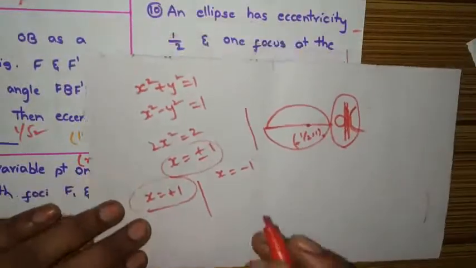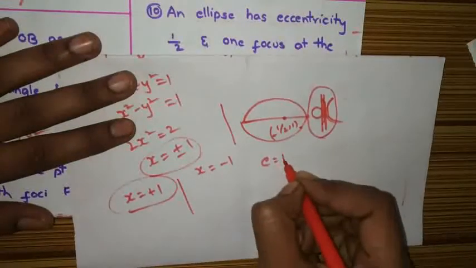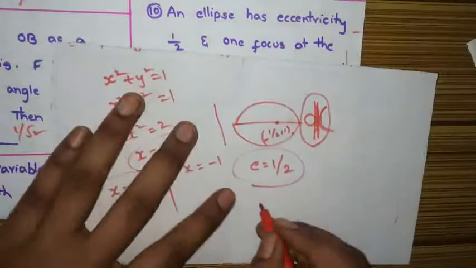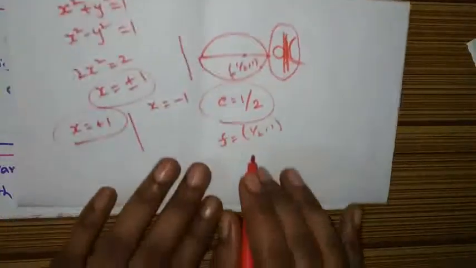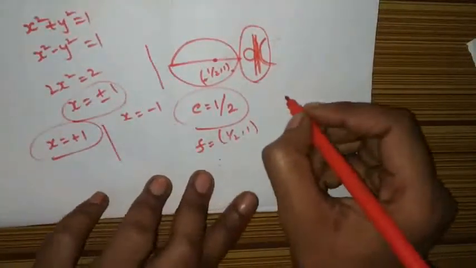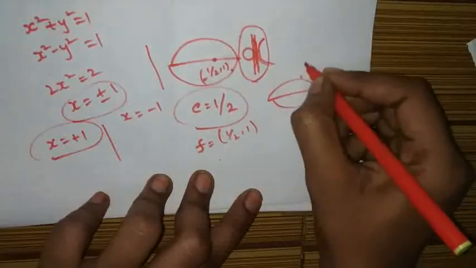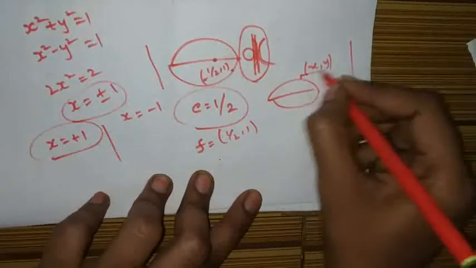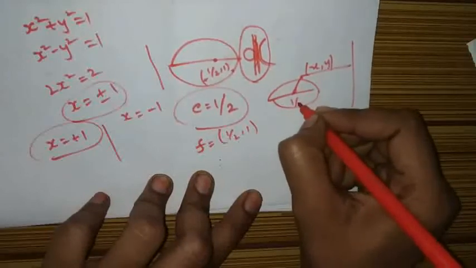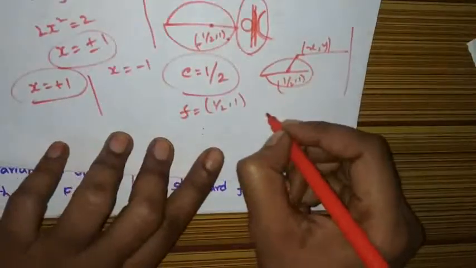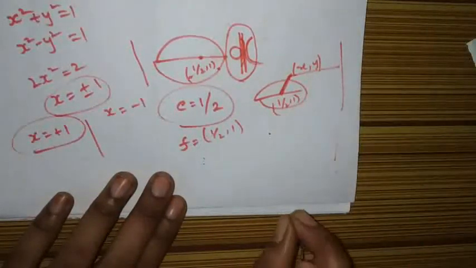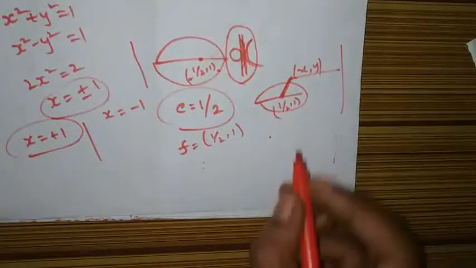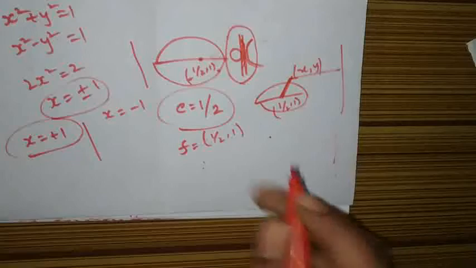Okay. Now they told that the eccentricity of the ellipse is 1 by 2 and the focus is 1 by 2 comma 1. I already told you that if this is a point and this is the directrix, then we calculate the distance from the focus.